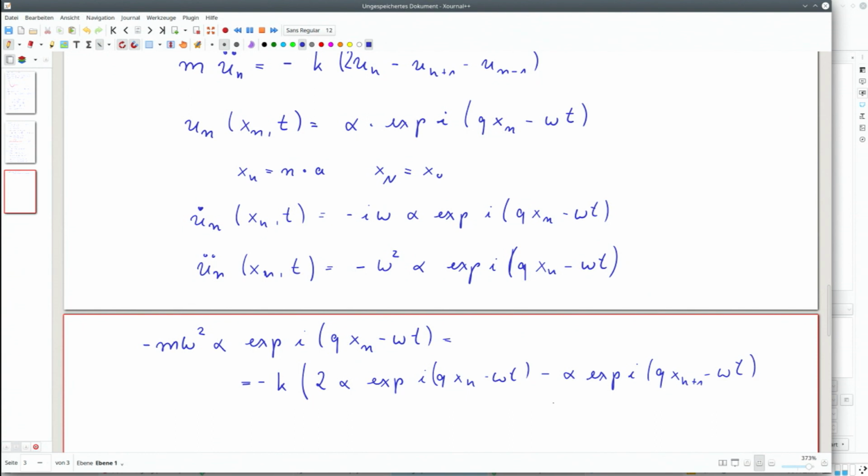Still the place is not sufficient. Plus minus alpha exp I q x n minus 1 minus omega t. Now that's done. Okay.